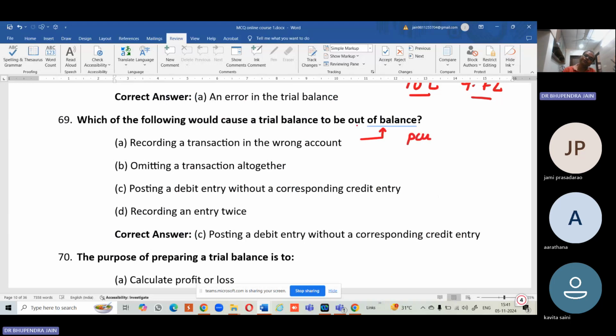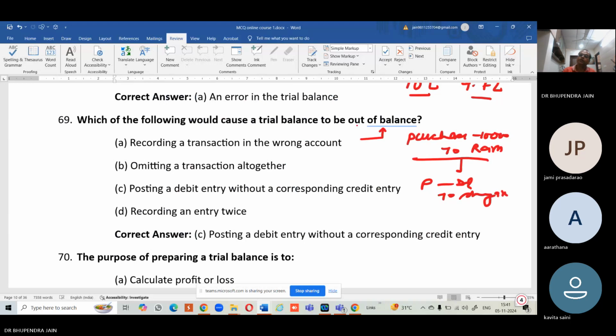If you purchase goods, purchase account debit 10,000 to Ram, but you pass the entry purchase account debit to Shyam, this entry will not affect the total of the trial balance because you have entered 10,000 on the debit side and 10,000 on the credit side. That's why this will not affect the total of the trial balance. So this is not possible. Omitting the transaction altogether, this may not be possible either.